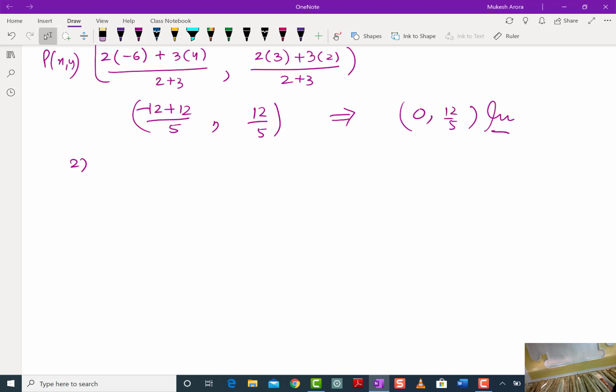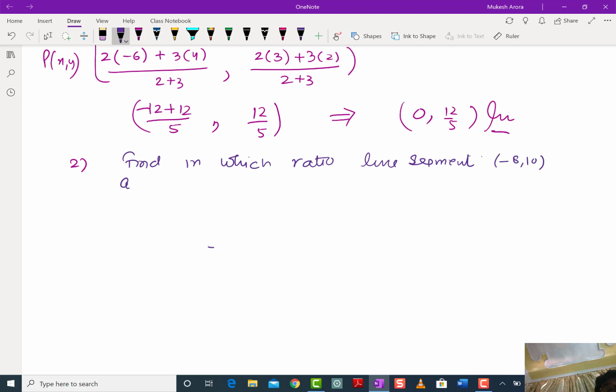Find in which ratio a line segment joining the points (-8, 10) and (6, -8) is divided by (-1, 6). Find the ratio.